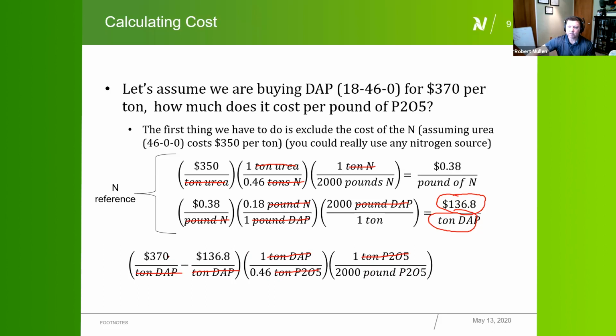You do the math, 370 minus 136.8 divided by 0.46 divided by 2,000, and voila, you get to your solution of 25 cents per pound of P2O5 is the cost or the value or the price for the actual P in this material. Again, the math is still pretty straightforward, but because I'm dealing with a multi-nutrient source and I'm trying to identify what the value is of a single nutrient source in that product, it's a little bit more calculated how I arrive at my correct answer.